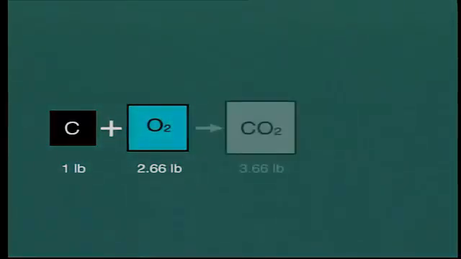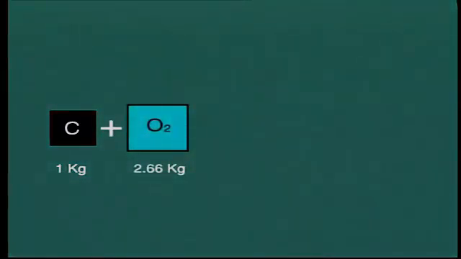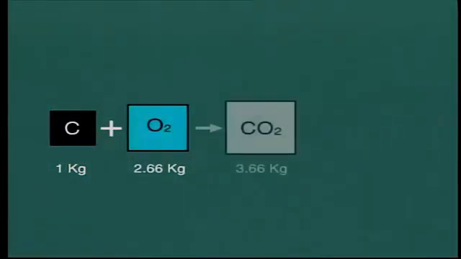The resultant combustion process produces 3.66 pounds of CO2 and at the same time releases a large quantity of heat, 14,600 BTU. If we're dealing with metric values, then for 1 kilogram of carbon, we need to add 2.66 kilograms of oxygen to produce 3.66 kilograms of carbon dioxide.